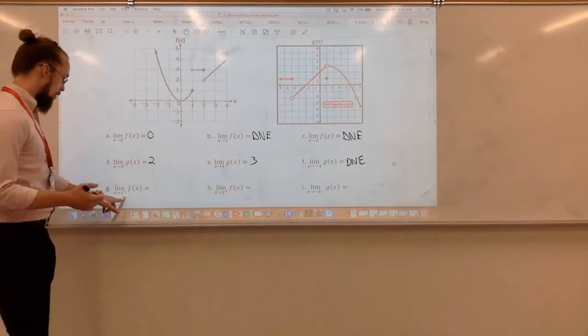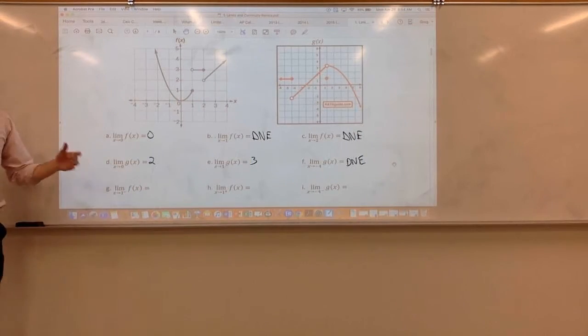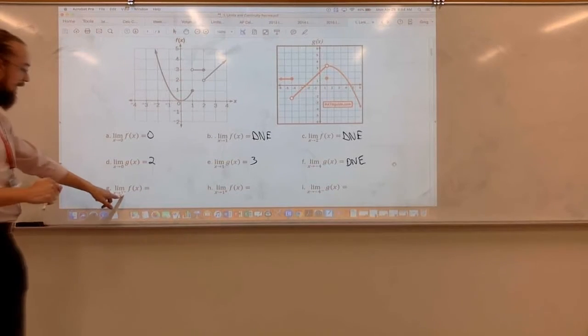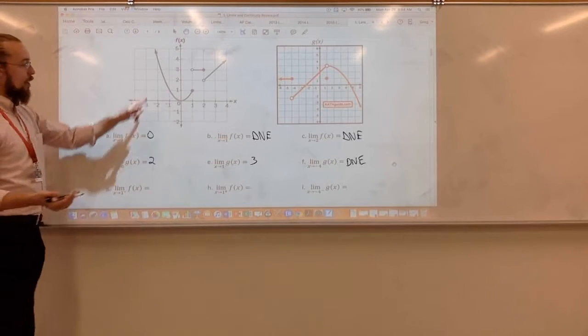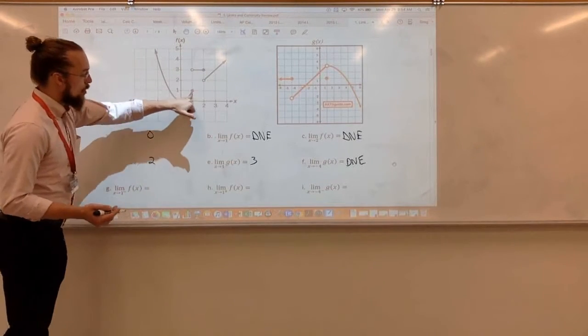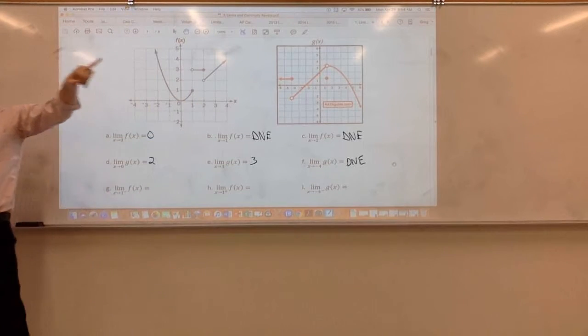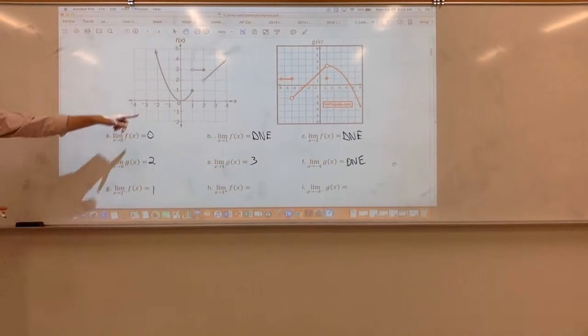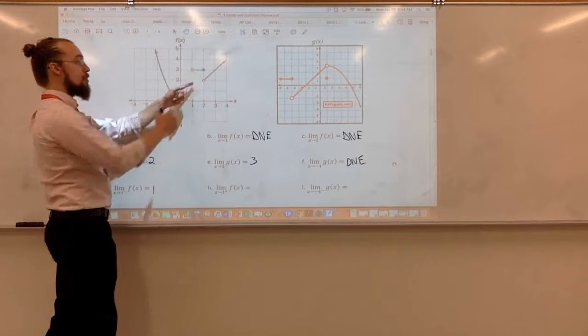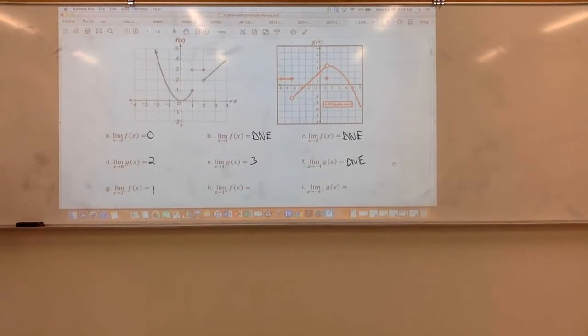All right, so now the next few talk about one-sided limits. Remember, if we have a negative sign up here that looks like an exponent, that notation just means as we are approaching 1 from the left. So for f of x, as I'm approaching 1 from the left, we are getting closer and closer to a y value of 1. Even though we said the two-sided limit at 1 doesn't exist, we can still talk about the value we're approaching from either side.